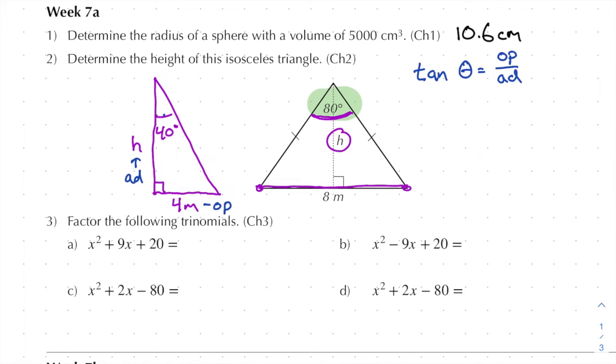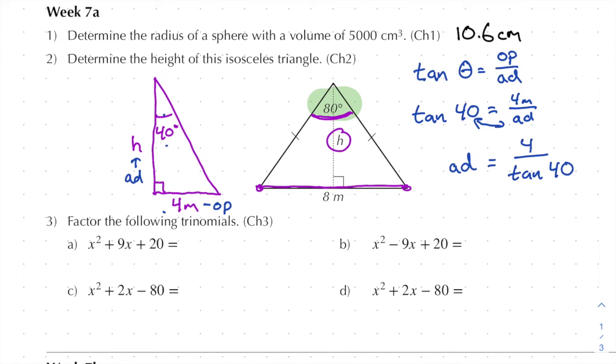I have 3 variables here, and I have 2 numbers to fill in. So I write in tangent of 40 is equal to 4 meters over my adjacent side. Now, anytime our unknown variable is on the denominator, we'll swap these 2 out and we'll get our adjacent side is equal to 4 meters divided by tangent of 40.